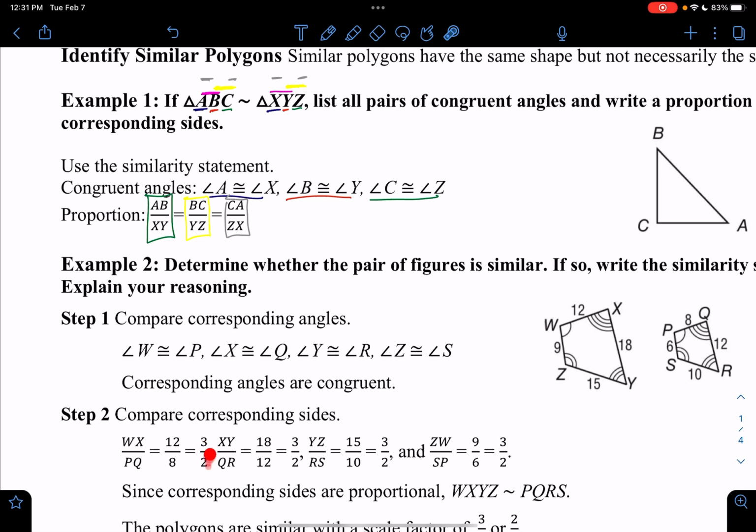If I can maintain that proportion throughout all the sides, comparing both figures, then I will say that those two quadrilaterals are similar. 12 to 8 is 3/2. 8 to 12 is 3/2. 15 to 10 is 3/2. 9/6 is 3/2. So I see 3/2, 3/2, 3/2, 3/2. All of them have the same proportion. Therefore, these two quadrilaterals are similar.